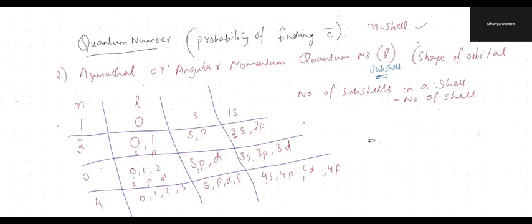There is one subshell. The principal quantum number is 1. Here there are 2 subshells. The principal quantum number is 2. If there are 3 subshells, it will be 3. Number of shells is 3. Here the subshells are 4, so there are 4 shells.